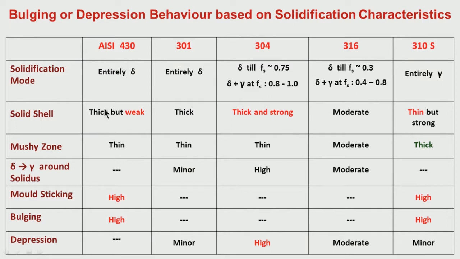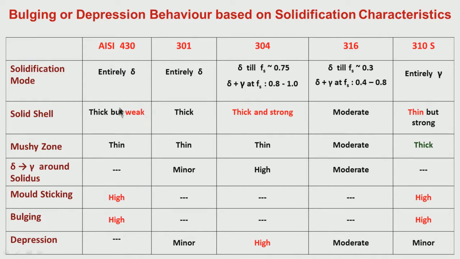But since the solid shell is weak, it is difficult for it to withstand the ferrostatic pressure, and the shrinkage is also less. So, therefore, this sticking and bulging tendency will be relatively more, and depression tendency is not at all there.